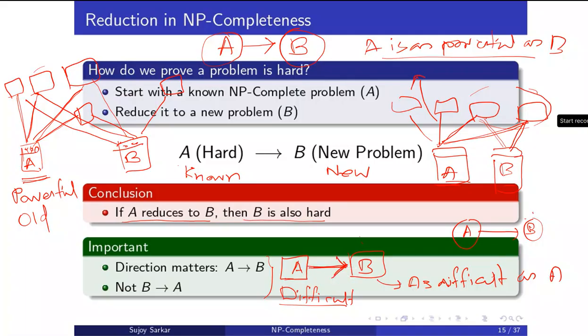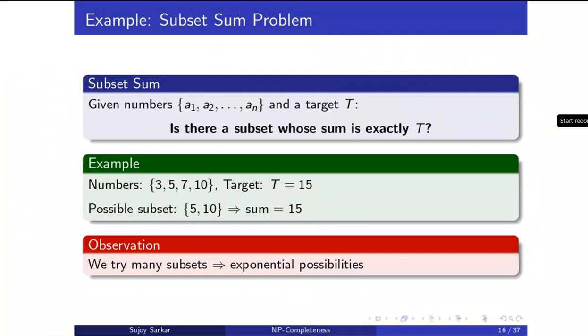Okay. So we take a difficult problem and we change it into another problem, and the algorithm that solves B can solve A also. So let's look at an example here for more concrete understanding.